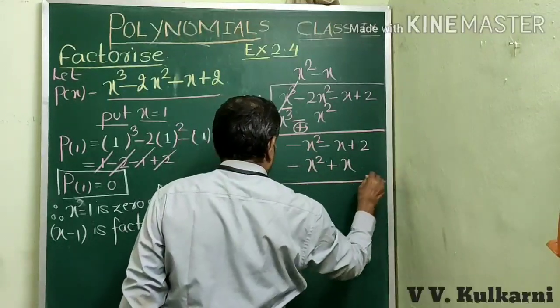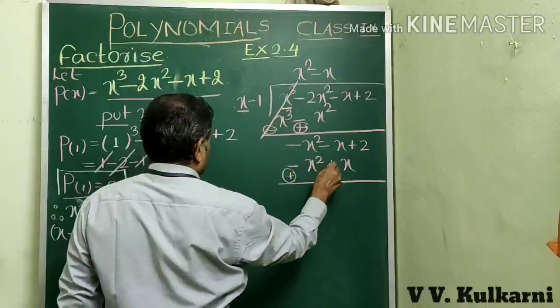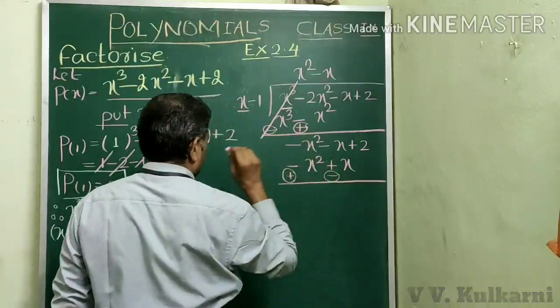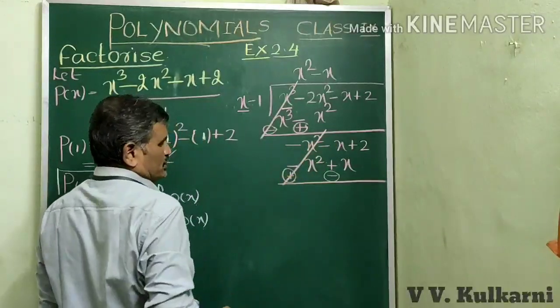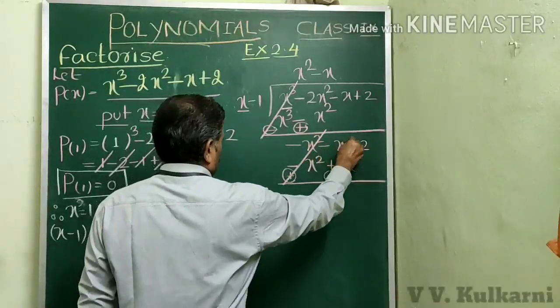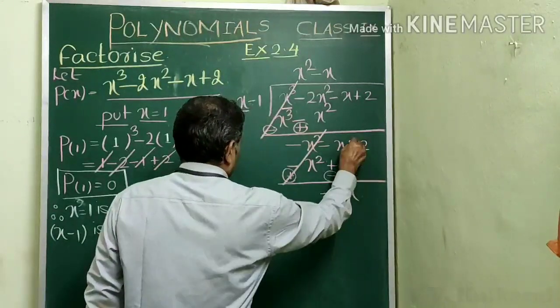So again, the minus sign is there, so you have to change it to plus sign. Plus sign is there, so you have to change it to minus sign. Then minus x square plus x square cancels, minus 1x is minus 2x plus 2.